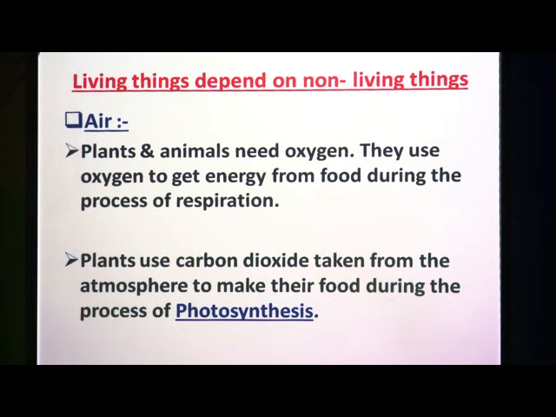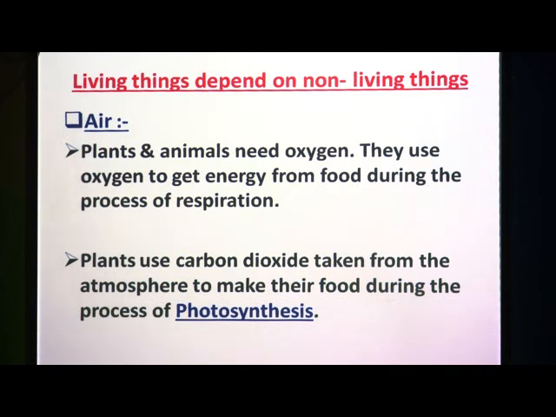For example, air contains oxygen, carbon dioxide, nitrogen, ozone gas, etc. Out of these, we need oxygen for breathing, and plants need carbon dioxide in the process of making food. Plants and animals use oxygen to get energy from food during the process of respiration.